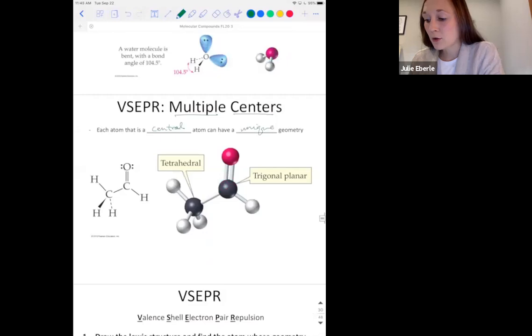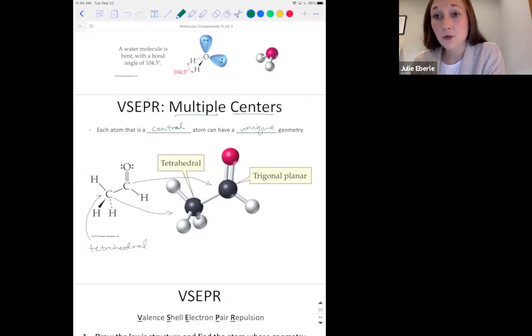Here's an example. We have this molecule. The black spheres are our carbons. So there's carbon 1 and there's carbon 2. The carbon on the left is tetrahedral. And then the carbon on the right is trigonal planar, because there's a double bond on it. So again, carbon is 90% of the time tetrahedral, but occasionally you can see it be trigonal planar when there's a double bond.